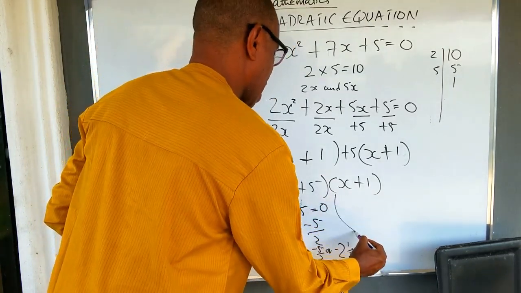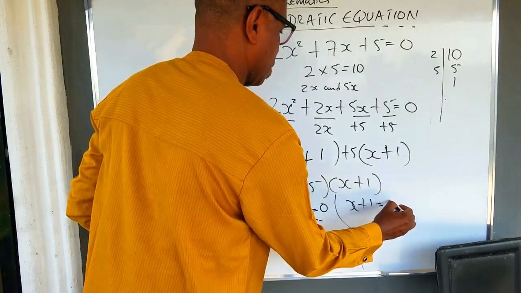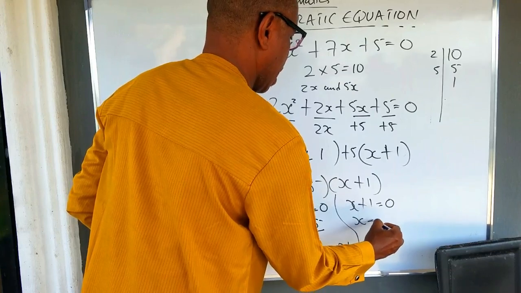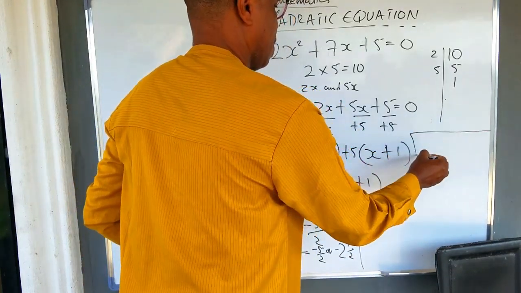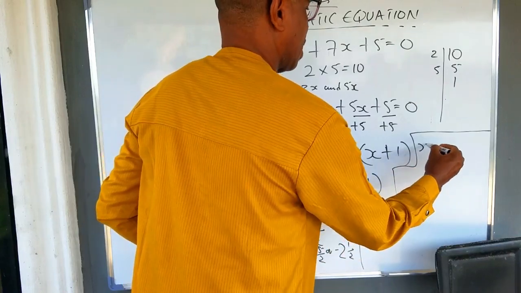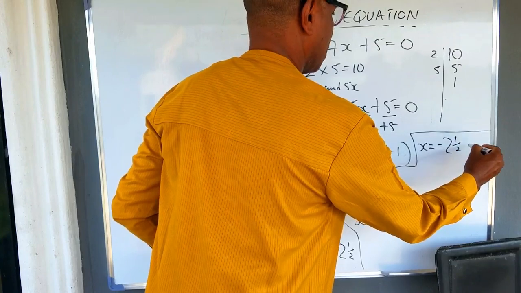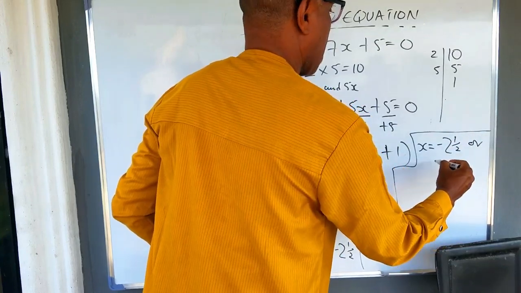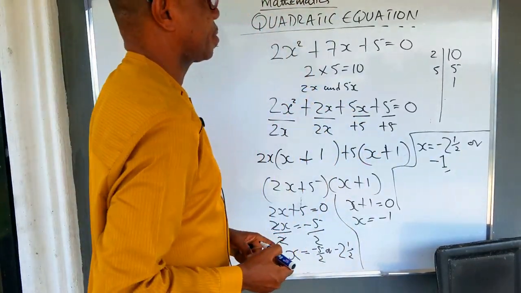Then in the other angle, we also have x plus 1 is equal to 0, then only x is equal to minus 1. So finally, for this particular equation, we say that x is equal to minus 2 whole number 1 over 2, or minus 1.